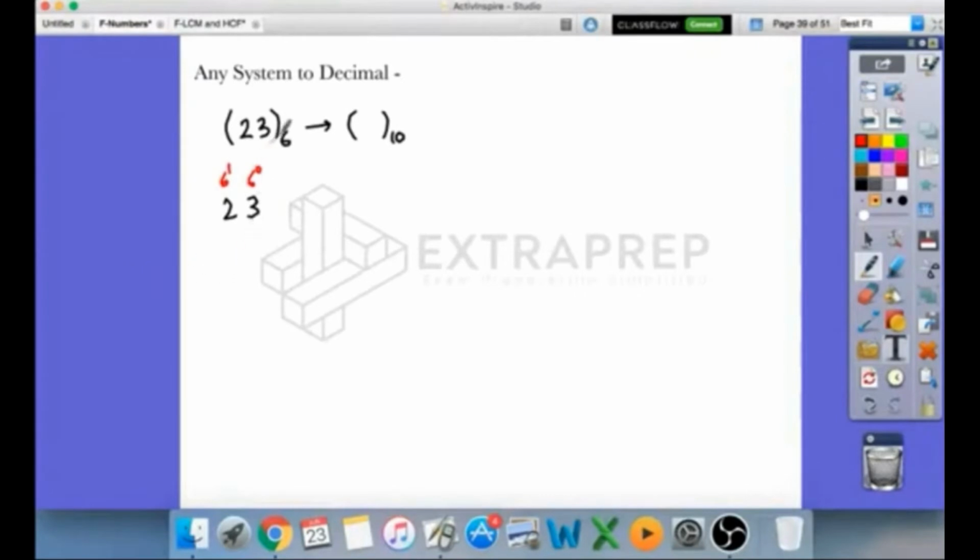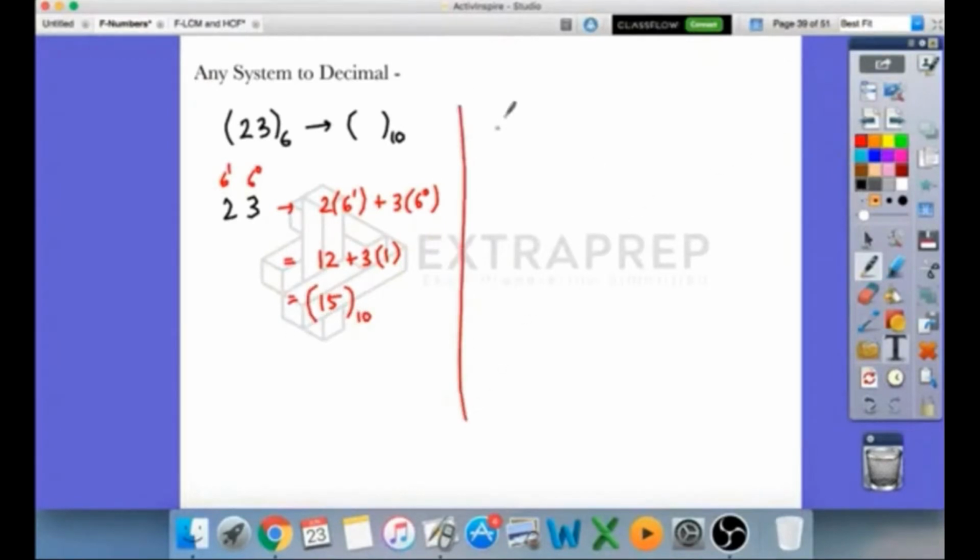Similarly, in base 6 this will become 6 power 0 and this will become 6 power 1. So that's 2 into 6 power 1 plus 3 into 6 power 0. That's equal to 2 sixes are 12 plus 3 into anything power 0 is 1. That's equal to 15. So 23 base 6 is equal to 15 base 10. That's the answer. Is that understood? Let's take one more example.